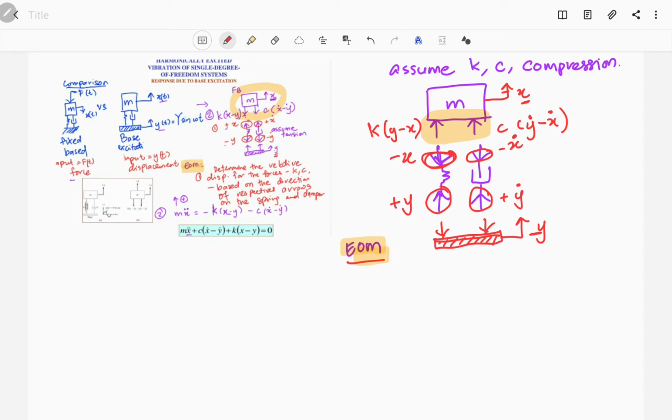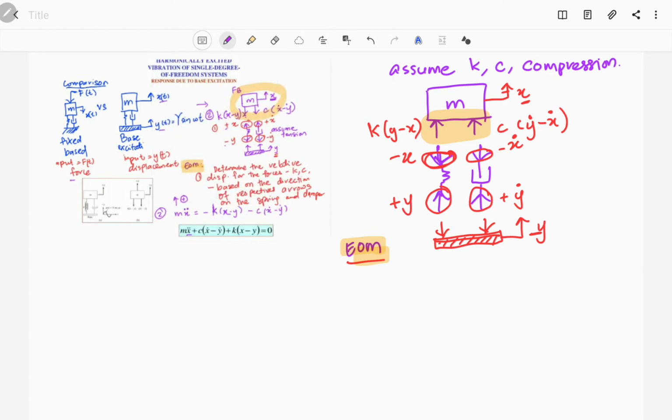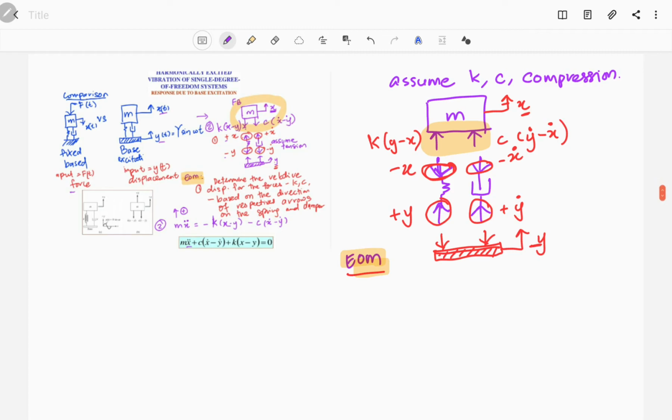So we write the equation. Let's change the color. The equation of motion will be: if you look at the direction, both forces are going up, quite similar to your X, so you get positive this time. So you write m x double dot.